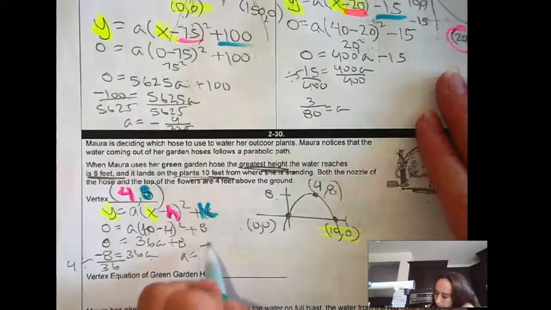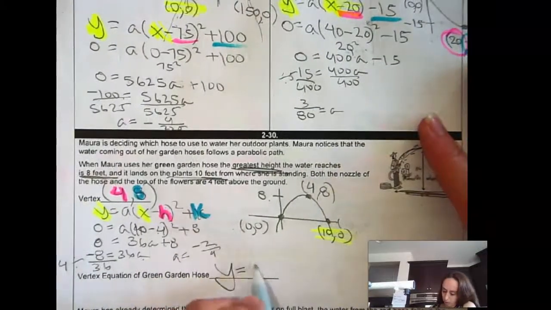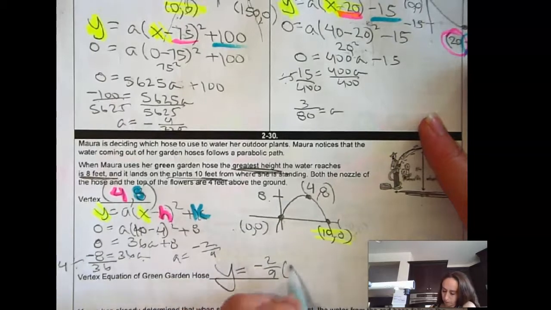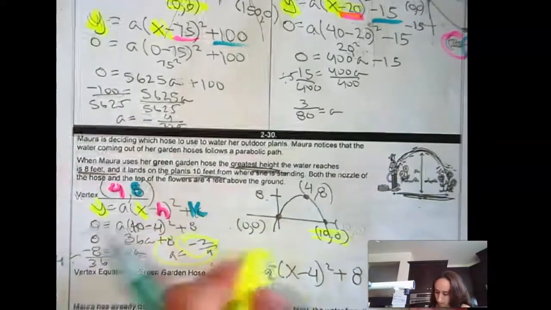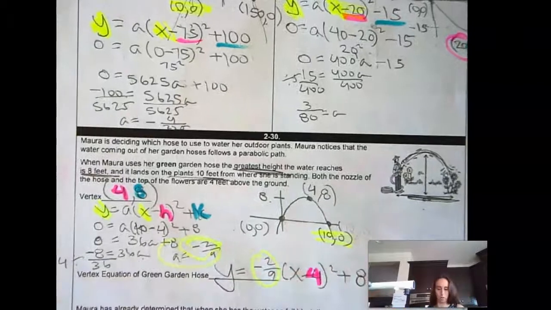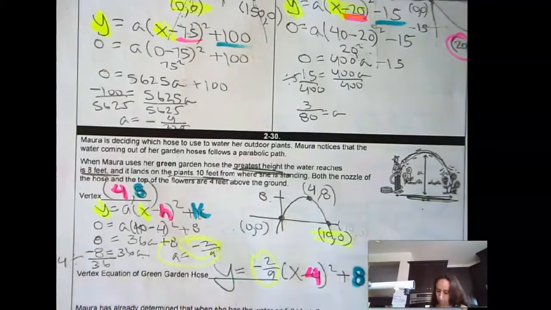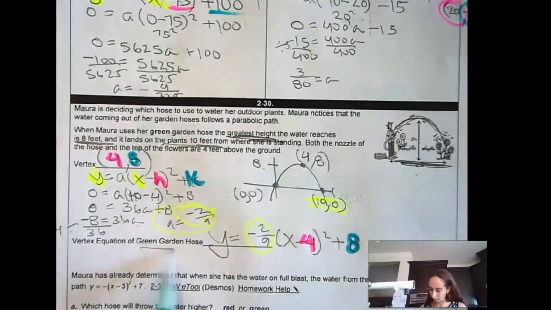So a equals negative 8/25. y equals negative 8/25 parentheses x minus 5 squared plus 8. Where this is how I got my a right there. And then there's my 5 and my 8. Okay? So it looks like that was the vertex for the green garden hose.